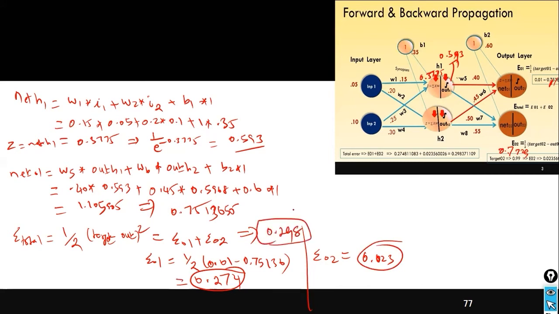Now what we have to do is, this is the error. So the idea here is this error needs to be reduced. This cost function needs to be reduced. And how can it be reduced? Using the gradient descent algorithm. So what we do is using back propagation. We call it back propagation.